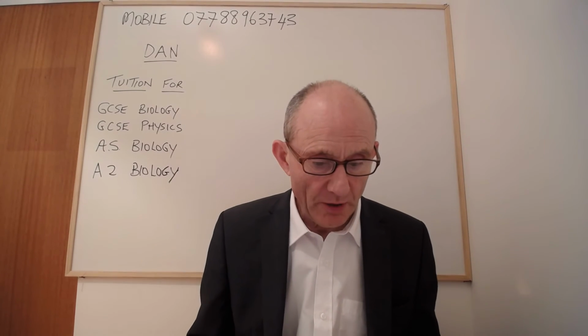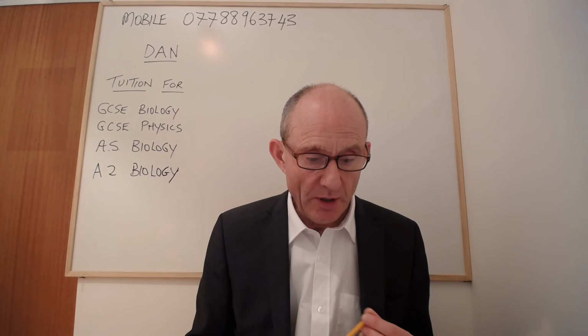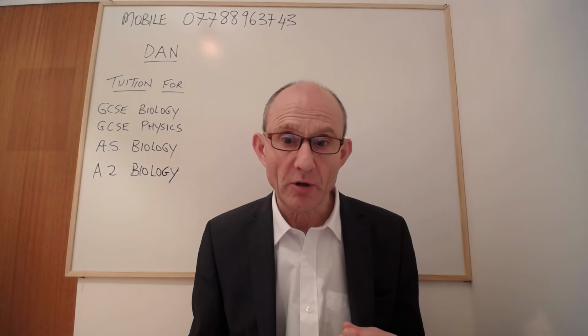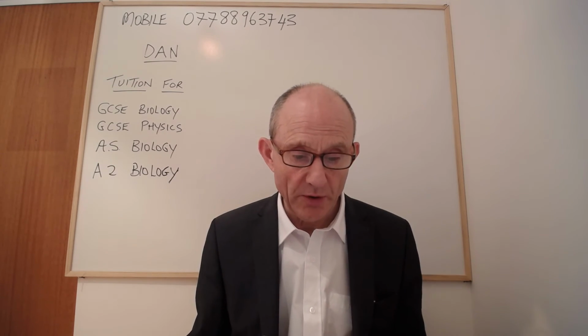Glycerate phosphate is produced during the light independent stage. Why is the light independent stage sometimes called the dark stage? Explain why light independent is a more appropriate term.